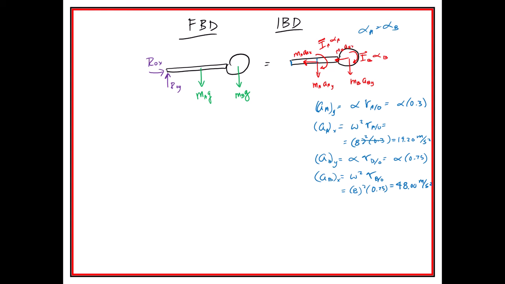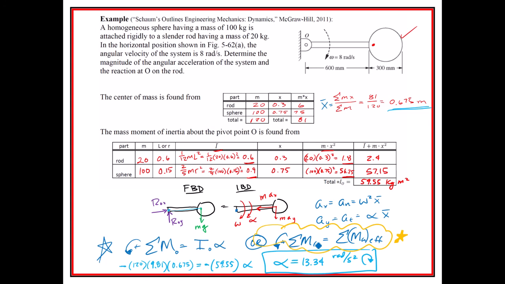And so now if I take the sum of the moments about O and make them the sum of the moments of O effective, right? I think I lied to you when I said it was G down here.